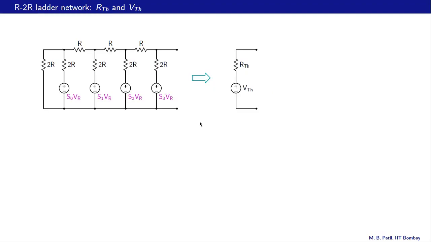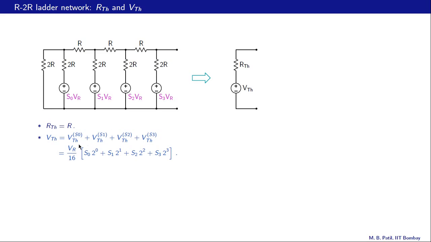To summarize, our original network, this one, can be replaced with its Thevenin equivalent RTH and VTH, where RTH is R and VTH by superposition is the VTH arising from this source and VTH arising from this source, and so on.